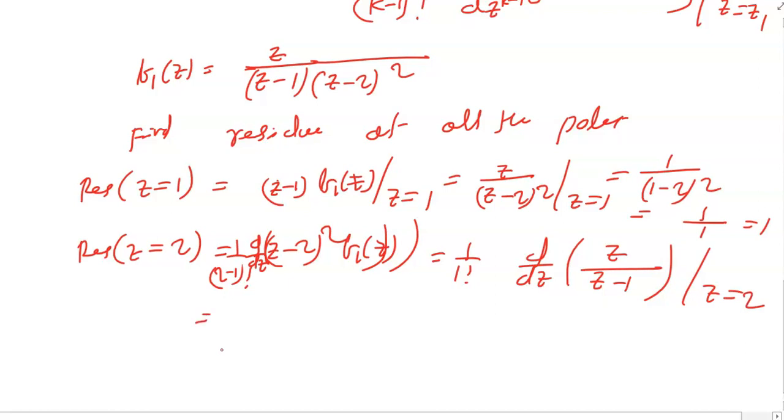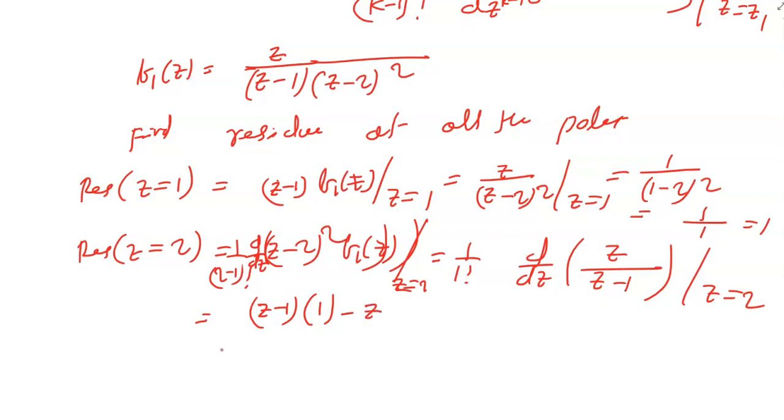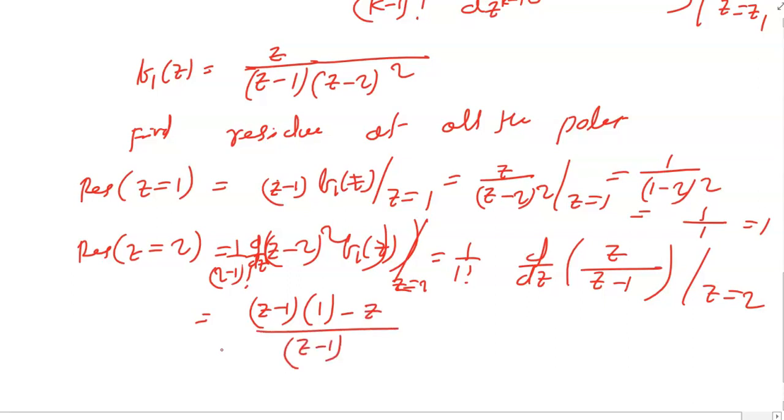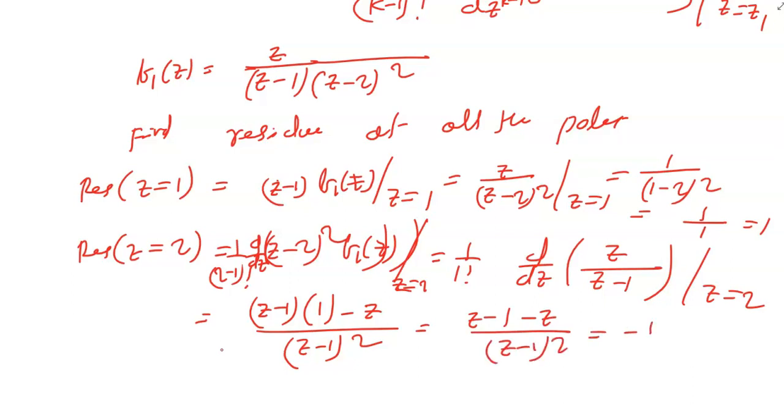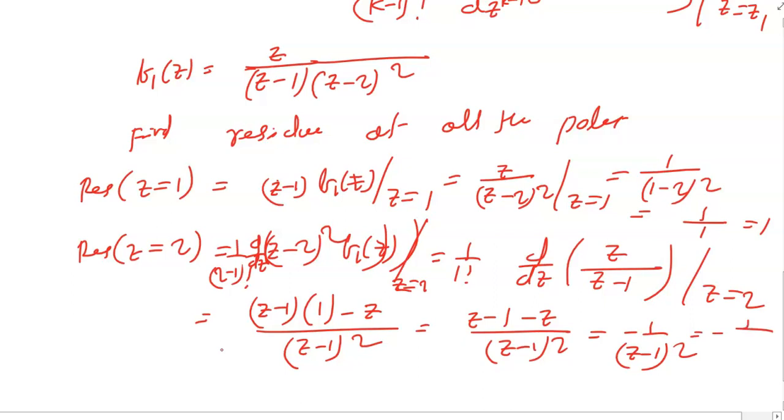So take the differentiation of this: (z minus 1) into 1 minus z upon (z minus 1) square. Okay, so (z minus 1 minus z) upon (z minus 1) square, that is minus 1 upon (z minus 1) square. So put the values: minus 1 upon 1 square, that is 1, that is minus 1.